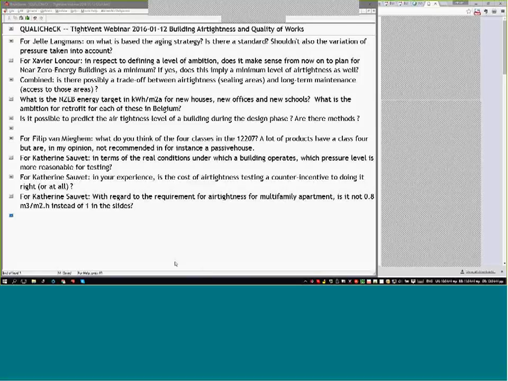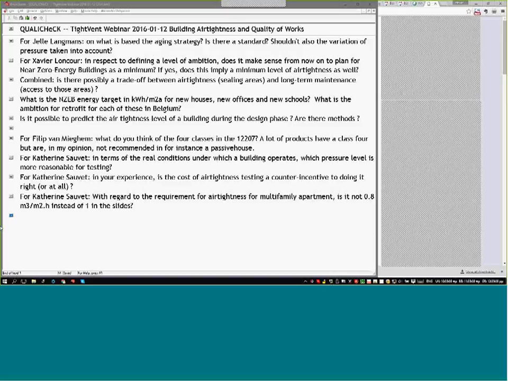Yes, and then for the last question, which pressure level is more reasonable for testing? Well, maybe I can answer this question actually, because it's always a trade-off between the real conditions and the accuracy of the measurement you're doing.